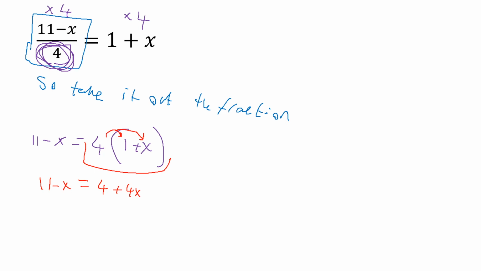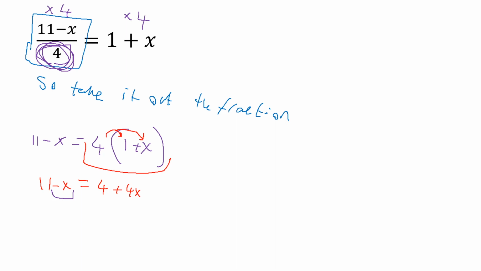And again, it's exactly the same as what we've done here. I'm just going to use this value because it's the smaller number. The general rule of thumb that I always go by is I want to keep x positive if I can, but it doesn't matter which one we use. You can use 4x if it makes more sense to you.